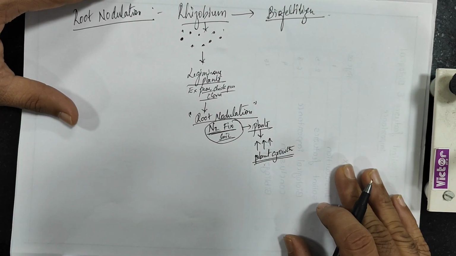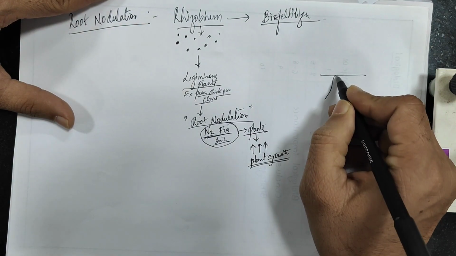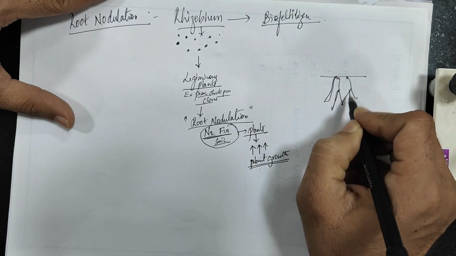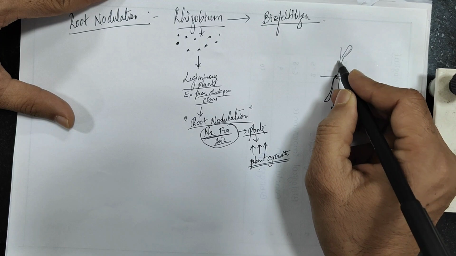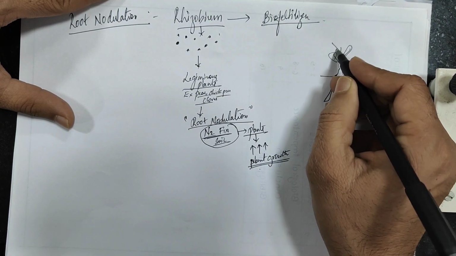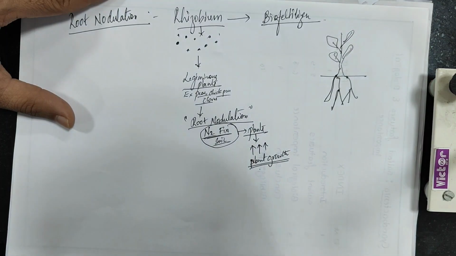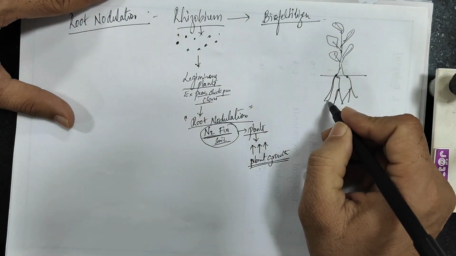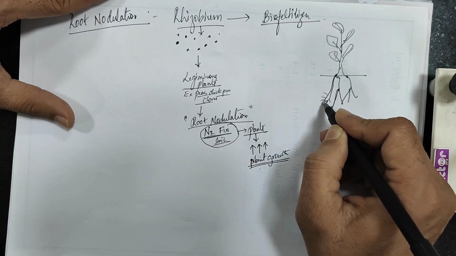Just imagine these are the roots, and here you have stem, and these roots are said to have root hairs.